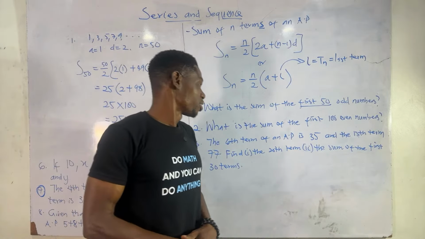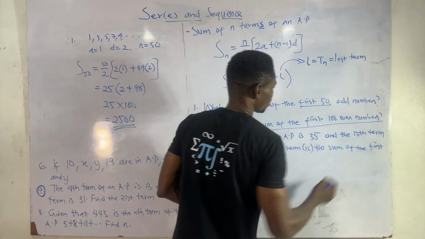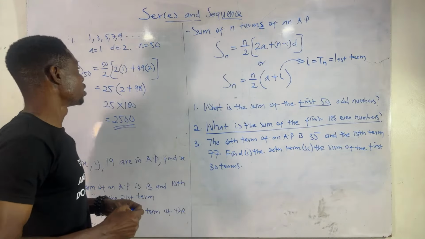All right, so for the second problem, it says what is the sum of the first 100 even numbers?